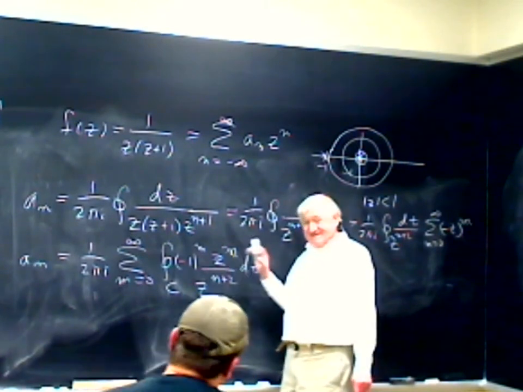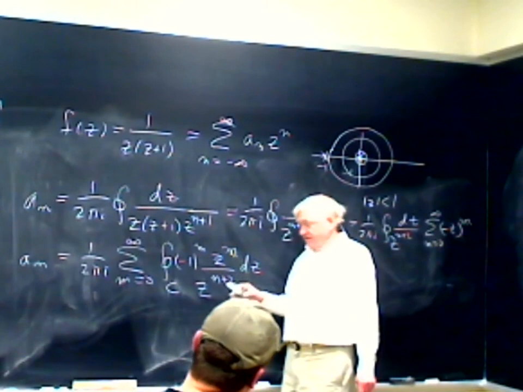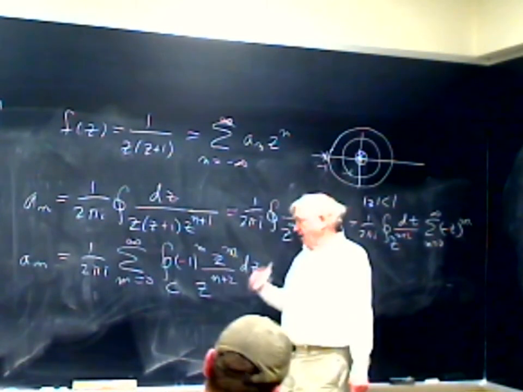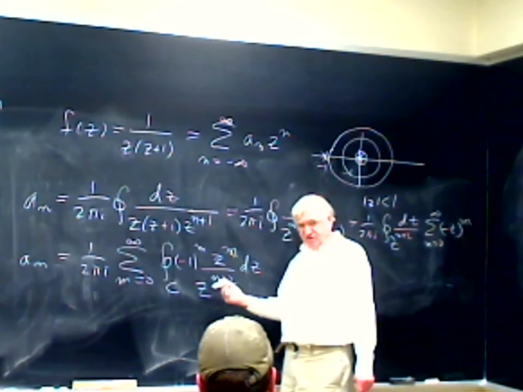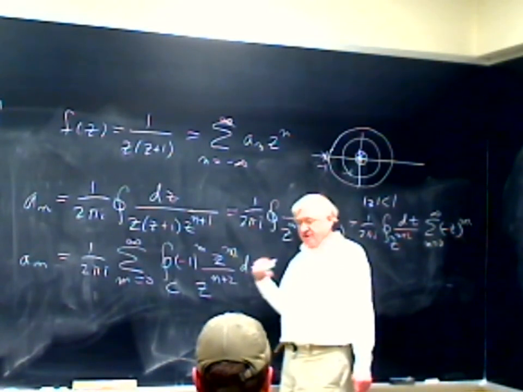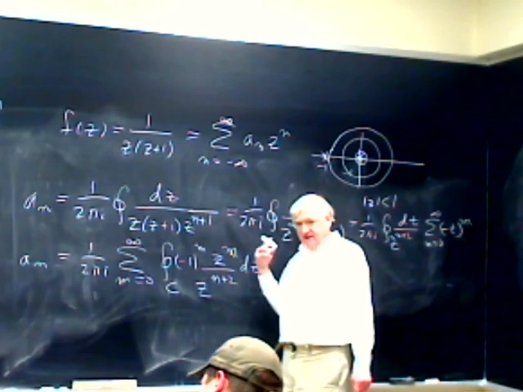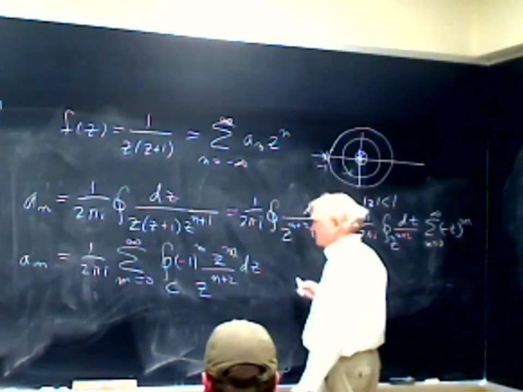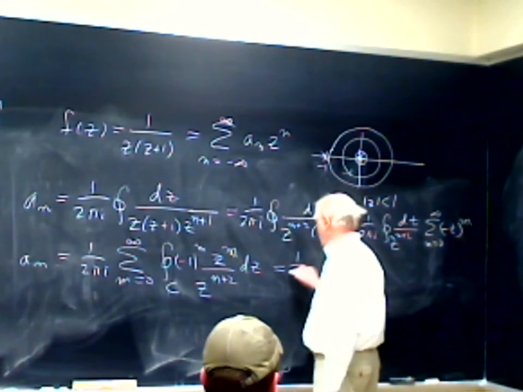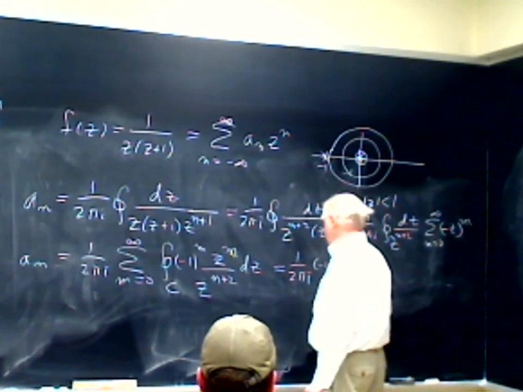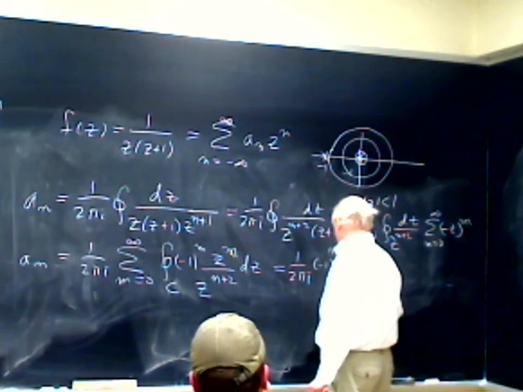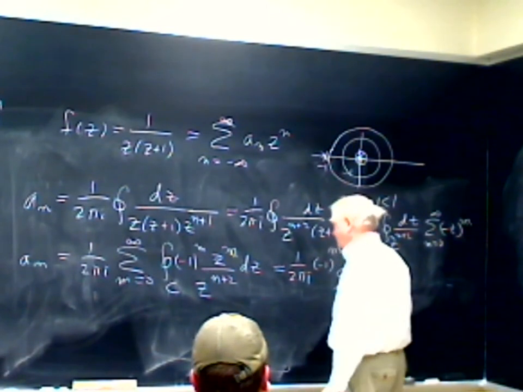But if m is not equal to that, then we're going to have a d theta integration. Maybe I should do this in more detail. 1 over 2 pi i, minus 1 to the m, sum on m from 0 to infinity.